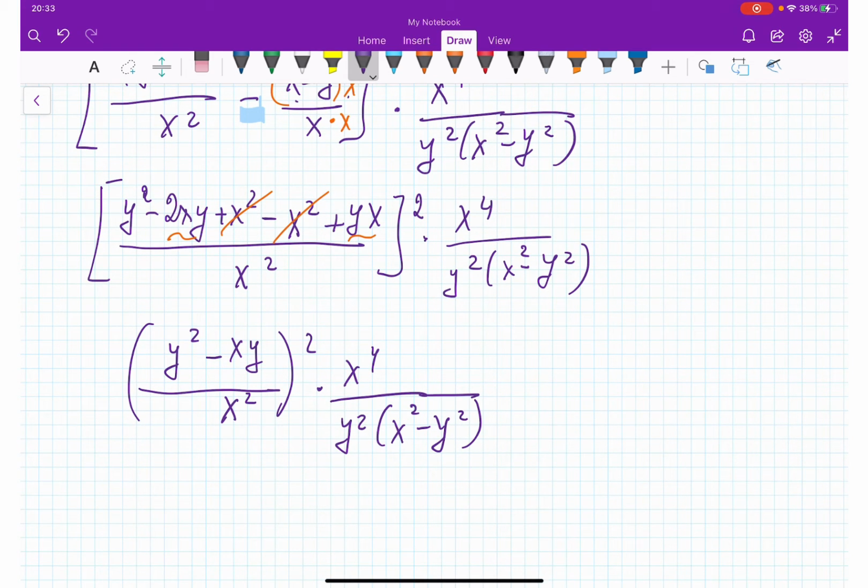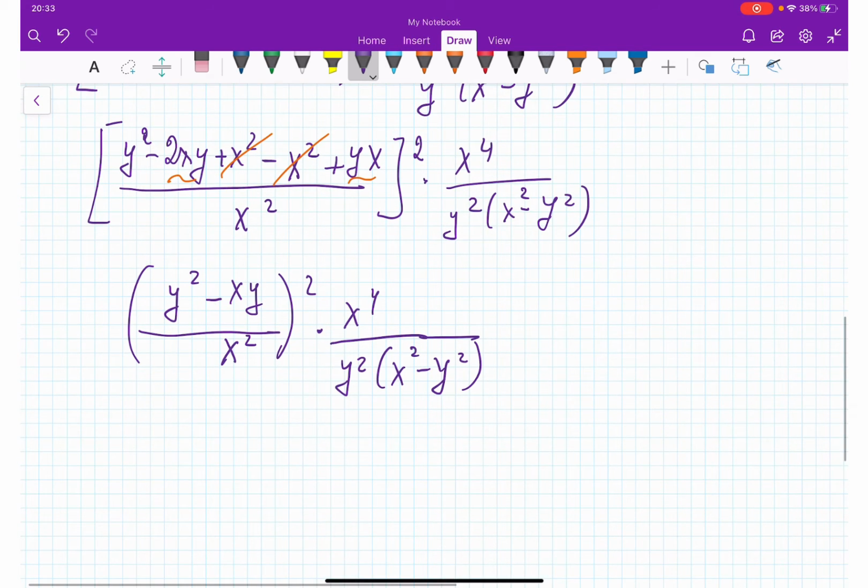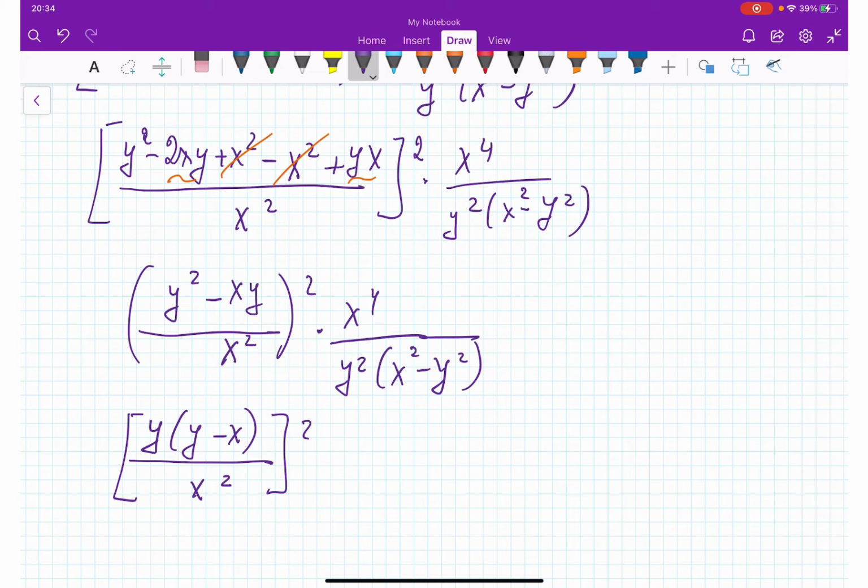So from here, we are going to square this y squared minus xy. Let me take out y as a common factor here, and I'm getting y minus x over x squared, times x to power 4 over y squared, x squared minus y squared.